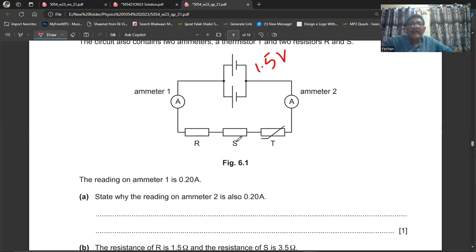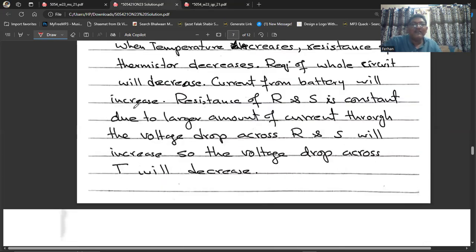The resistance of R and S is still constant, but now a larger current is flowing through R and S. So the voltage drop across R and S will increase, because the total voltage drop here must still be 1.5 volts. So if the voltage drop there increases, the voltage drop across T will automatically decrease. I hope you understand what I'm saying.